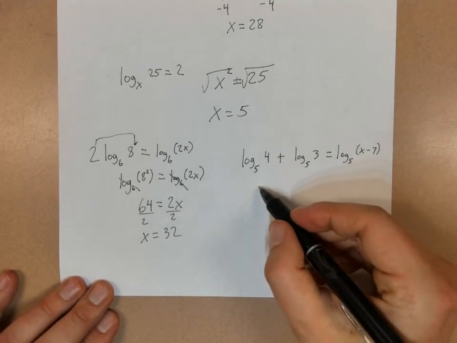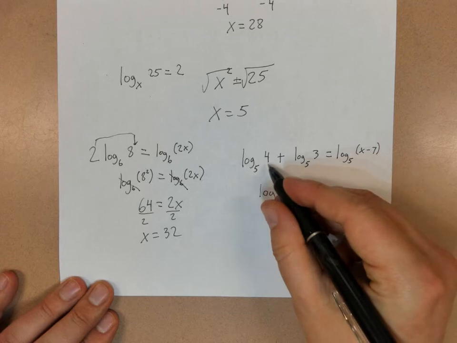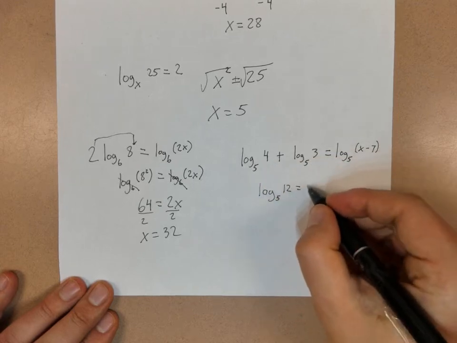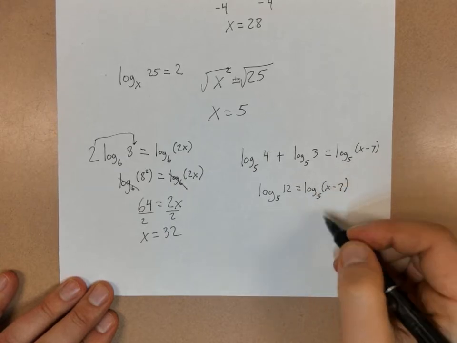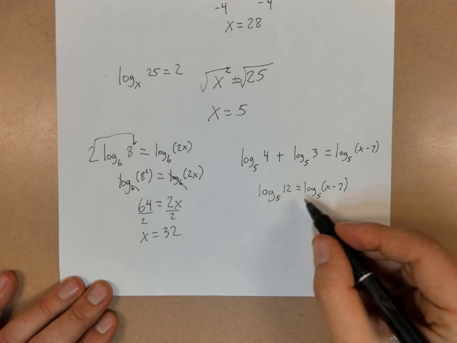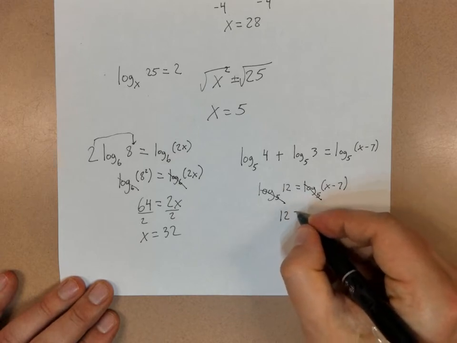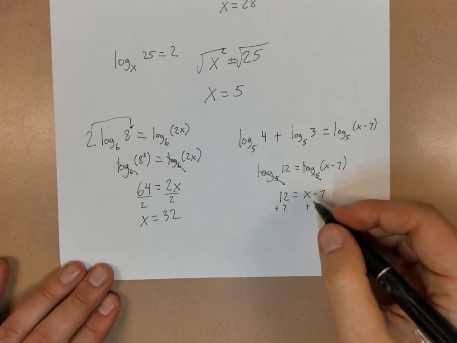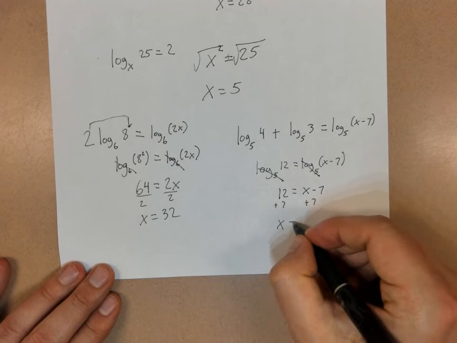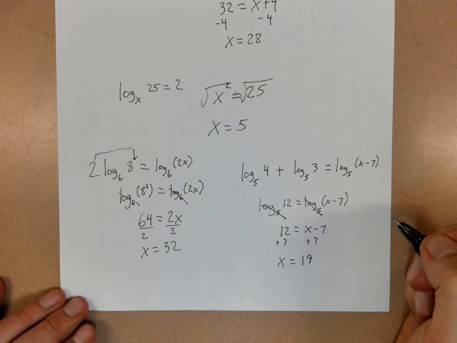So I get log base 5 of 4 times 3, which is 12, equals the log base 5 of x minus 7. Now, just like before, if I have two logs equal to each other with the same base, I can drop the log, and you end up with 12 equals x minus 7. Again, standard algebra: add 7 to both sides, and you should end up with x equals 19. So there's just a couple of quick situations for how you can use logarithms to solve for x.